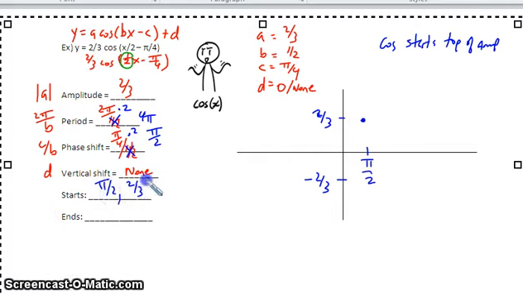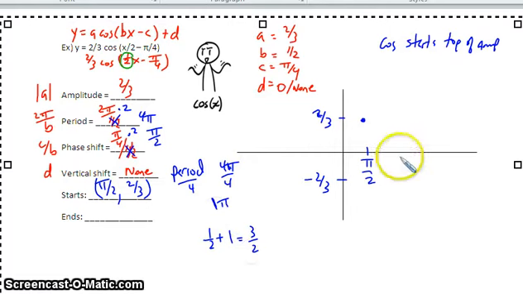Now to figure out where it ends, what we want to do is take our period and divide by 4. So 4 pi divided by 4 ends up giving us pi. So really what I'm going to do is take 1/2, which is my starting spot, and because this is really 1 pi, I'm going to add 1 to that. So that makes 3/2. So my next point would be 3 pi over 2.